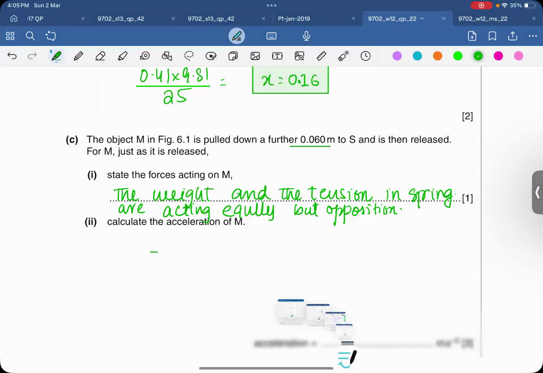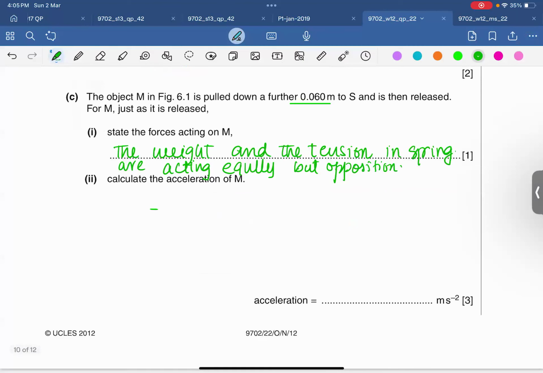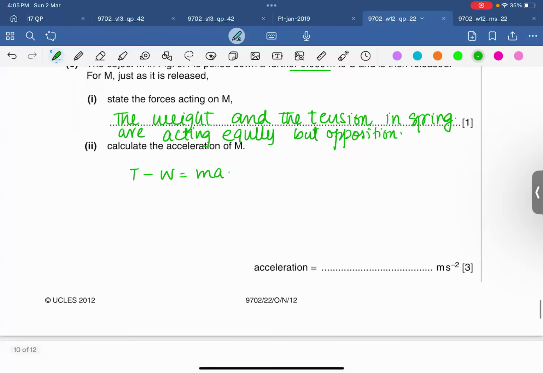So what we have is tension minus weight is equal to ma, right? And the tension in the spring is basically given by Hooke's law, so we can write it as kx, minus weight, which we can write as mg, equal to ma.